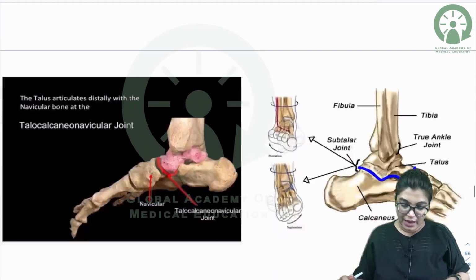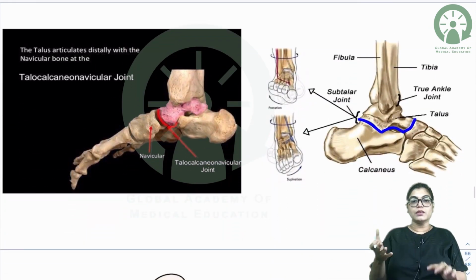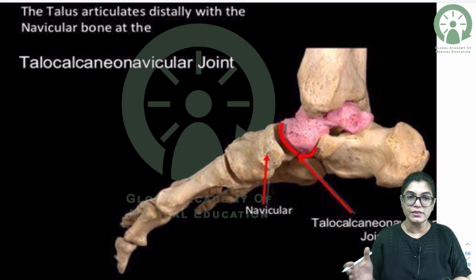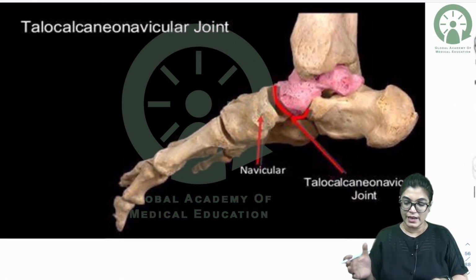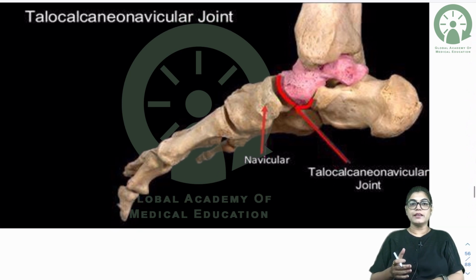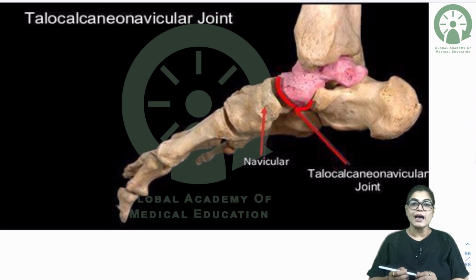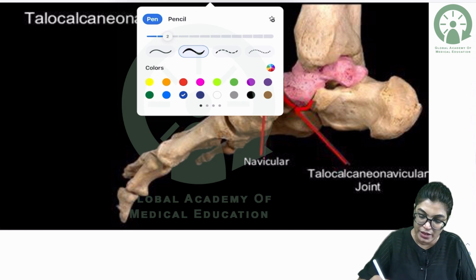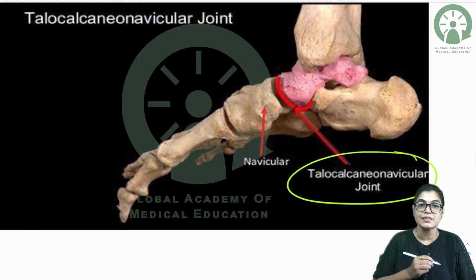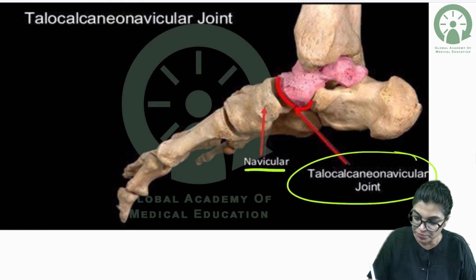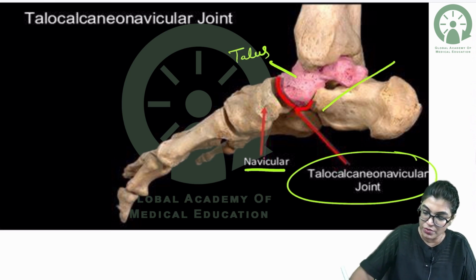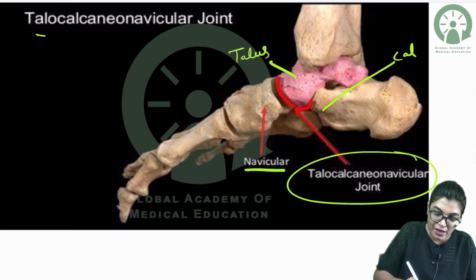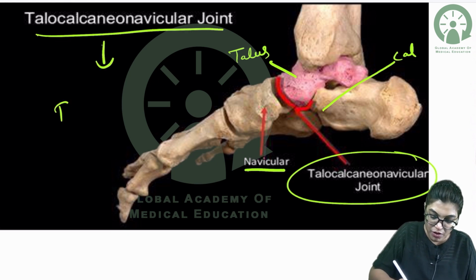Now, before that, I also want to briefly tell you about other joints. Please see this diagram, where you can appreciate the talocalcaneonavicular joint. This is an articulation between the navicular bone, the talus bone, and part of the calcaneum bone. The talocalcaneonavicular joint is an example of a ball and socket synovial joint.